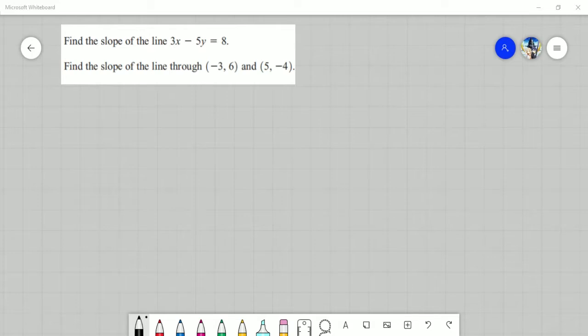All right, so here we got two problems. I don't know how many we're going to do today, depending on how much work is required to do each of them. So we're going to try to at least do one of each different type.